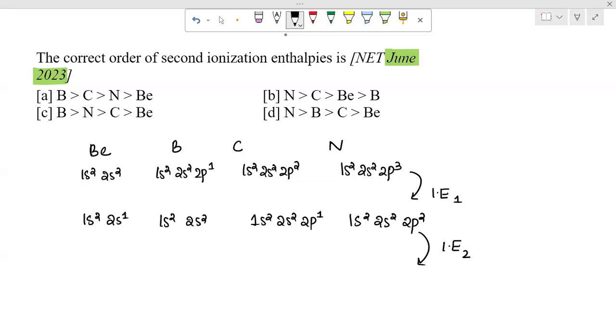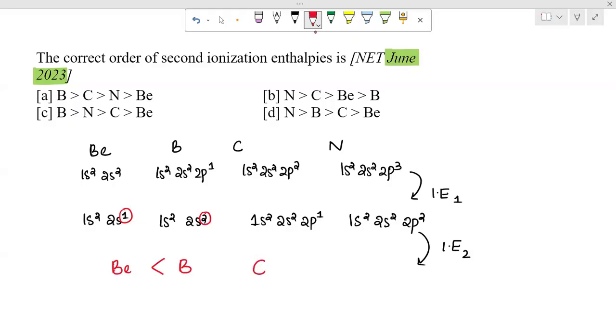Second ionization energy. Correct. So over here, we have beryllium, 2s1 and boron. If we compare beryllium and boron, this is 2s1 and this is 2s2. So this is a fully filled configuration. So we can say that 2s2 will be having higher than beryllium. Next is carbon.